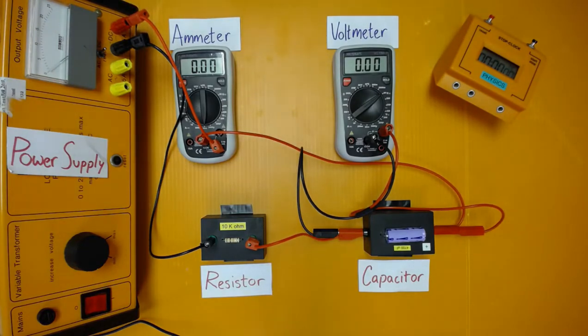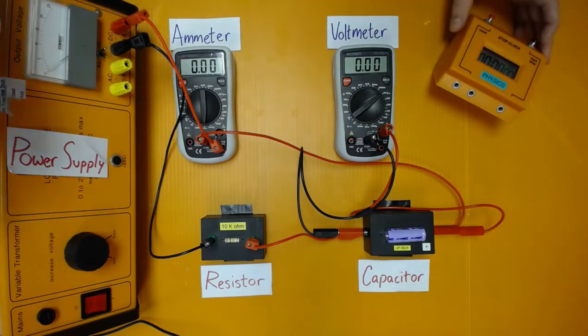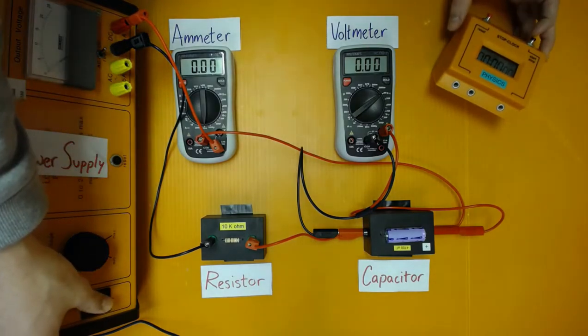We will record the voltage and current in 5-second intervals, taken from the point the power supply is turned on and the capacitor is charging. I will record this data off screen and display it on screen afterwards. So I'm going to start the stop clock as soon as the power supply is turned on.